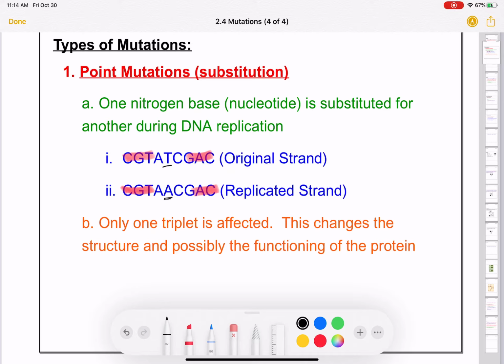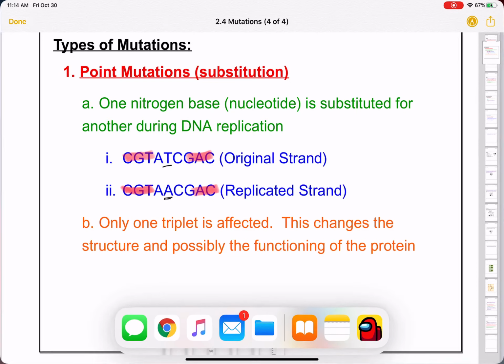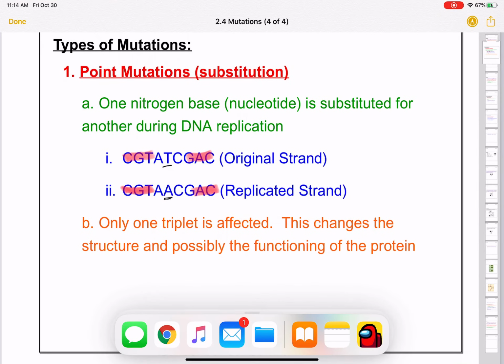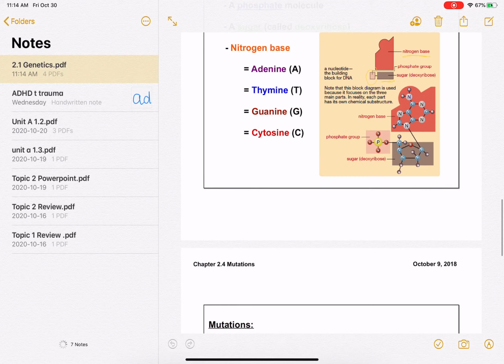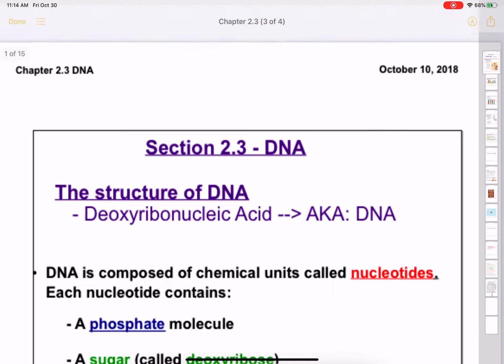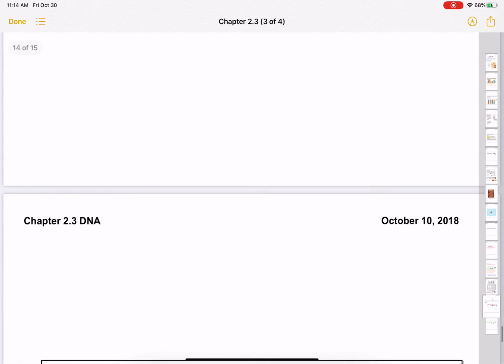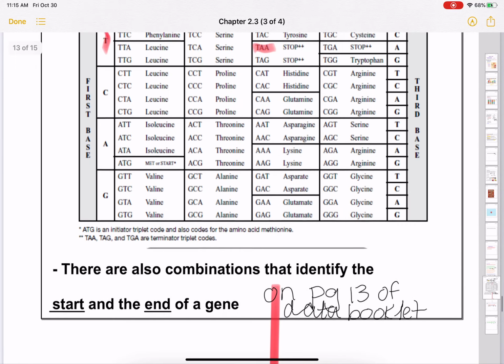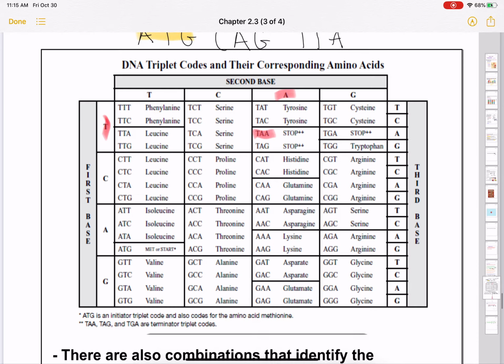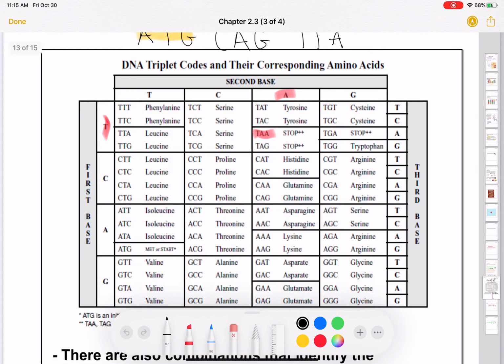If we go back to the table that we have for our protein synthesis, that's in the last PowerPoint. If I go back to that table, I don't even remember what it was. If it was ATT and AAT, let's see if those are different.